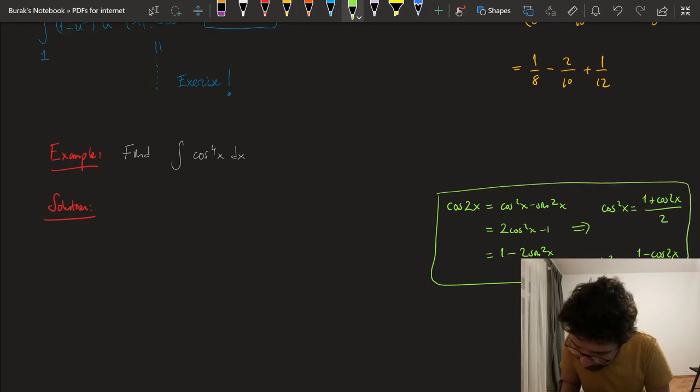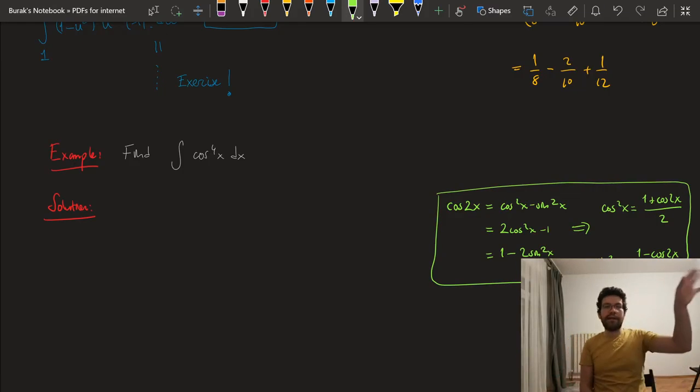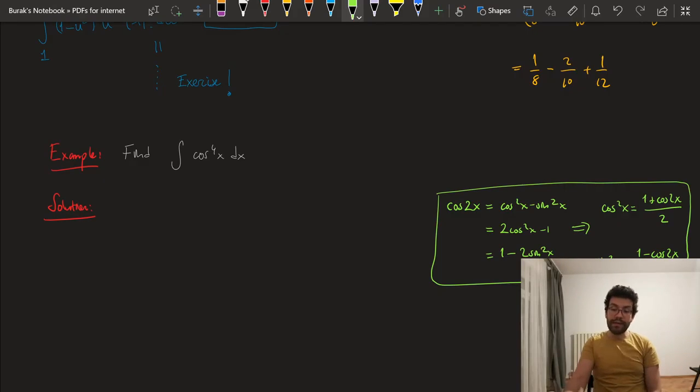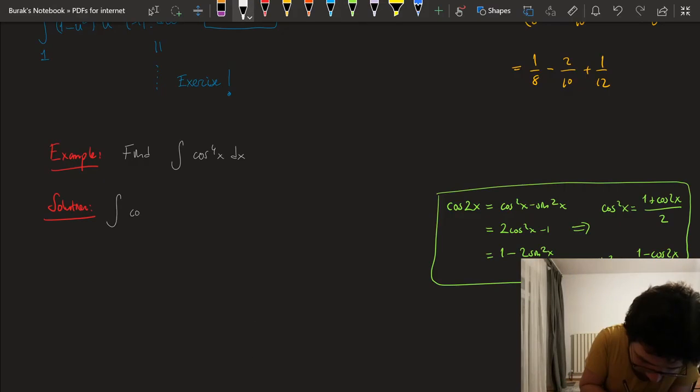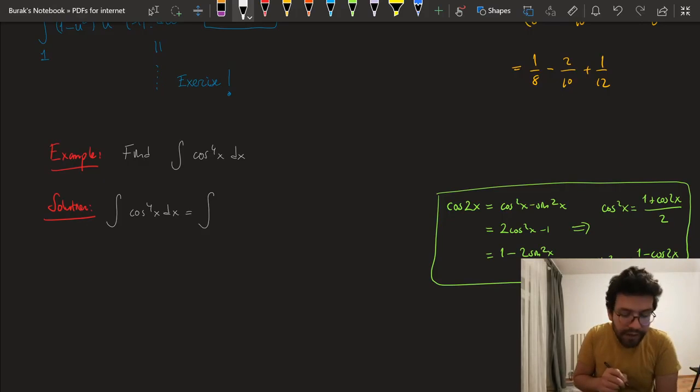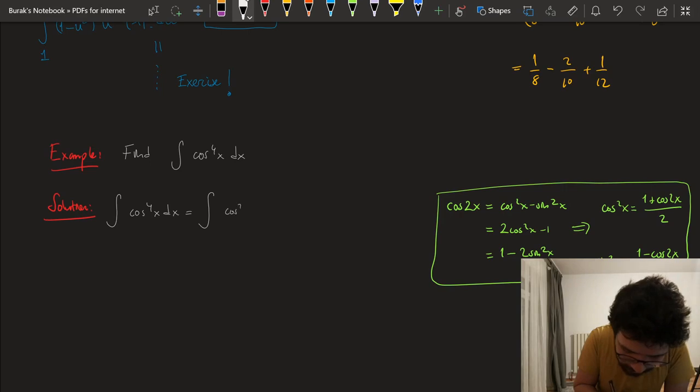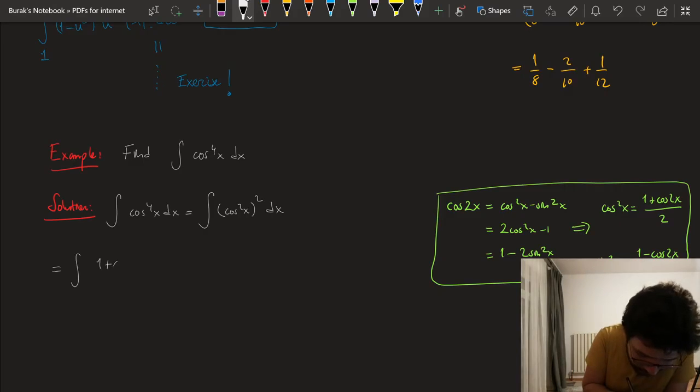Now, if both of your exponents are even in an integral of the form sine to some power, cosine to some power, then you try to use these identities. For example, over here, instead of cosine to the power 4, I'm going to write cosine squared to the power 2. And instead of cosine squared, I am going to write (1 plus cosine 2x) divided by 2.